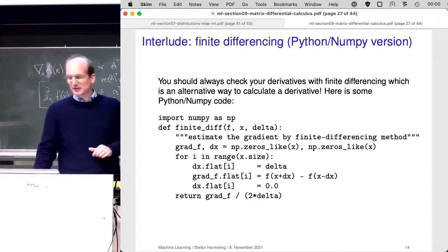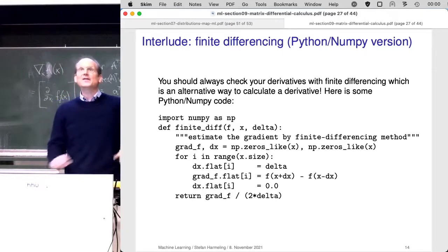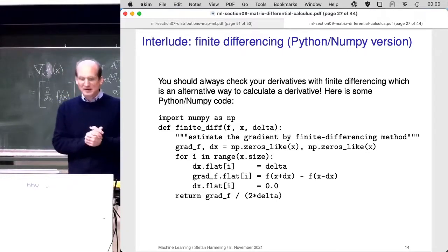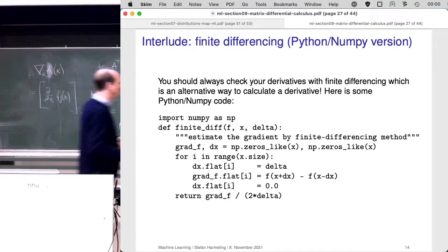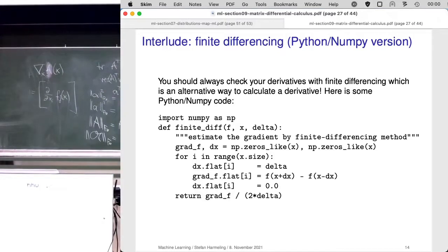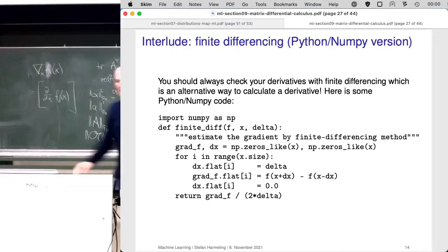Suppose we derive the derivative now. How can we check it? There's a method of finite differencing. That's basically the 101 differential formula, how the derivative was defined. So let me write it down. How did we define it in school?